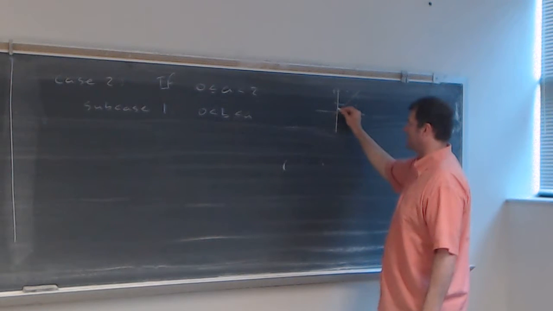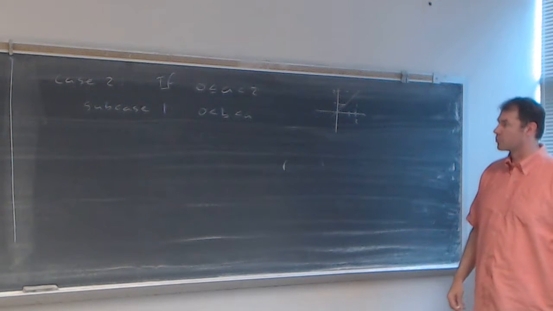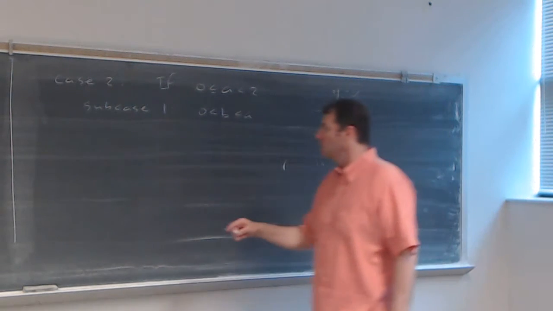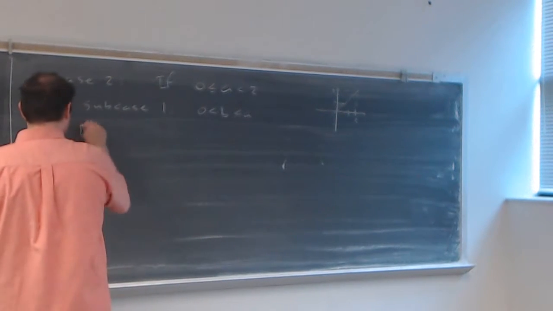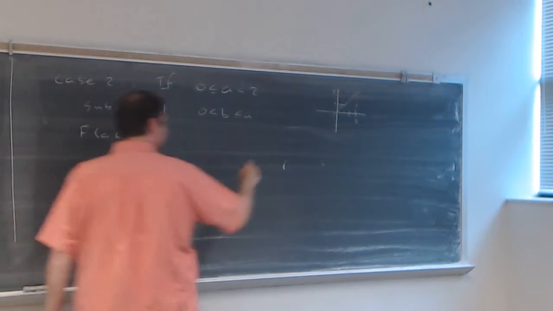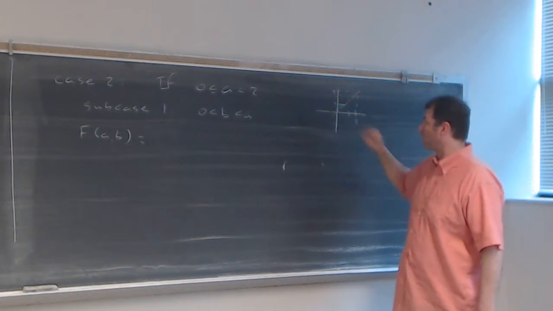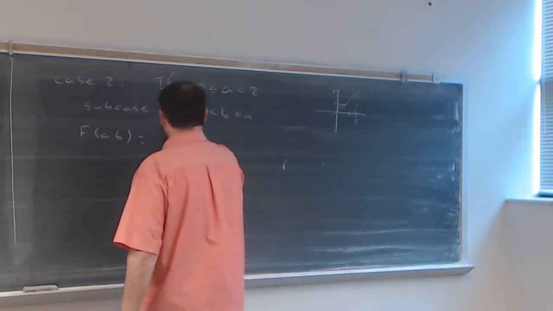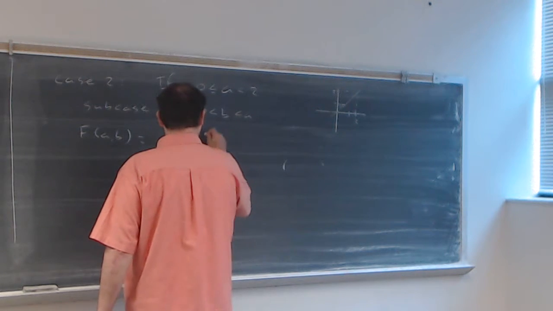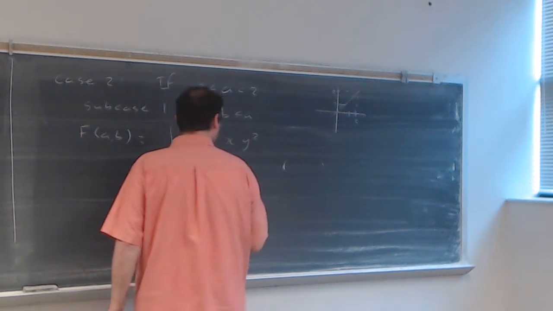So this could be a B. I'm talking about this region, this type of region, is what we're integrating over. And so when I look at what F of A, B would be, I would be integrating the joint PDF over this region. So here, we know it's 5/16 xy squared.